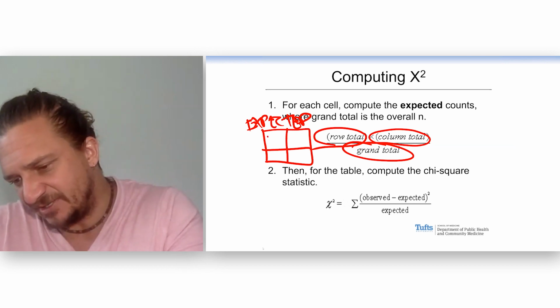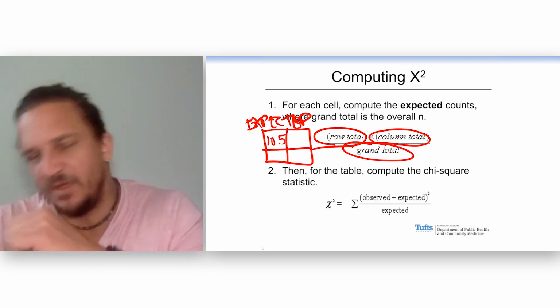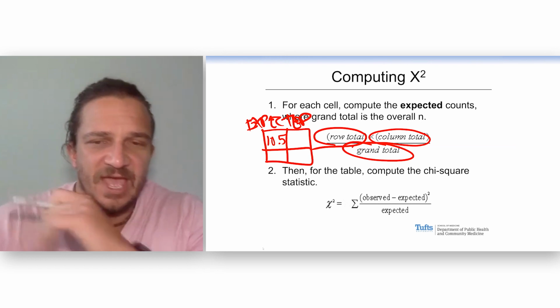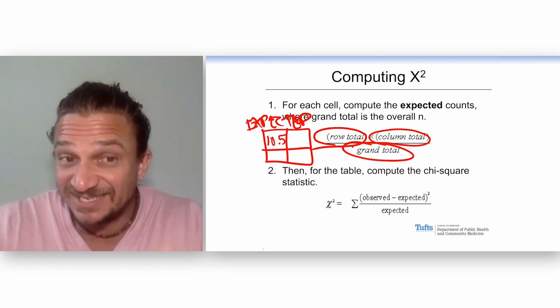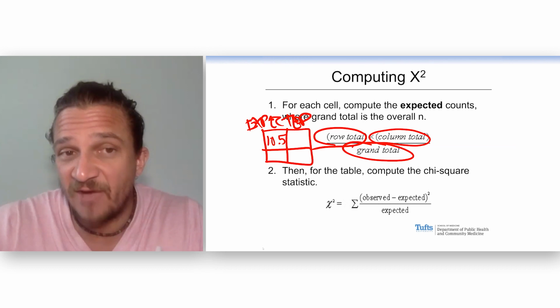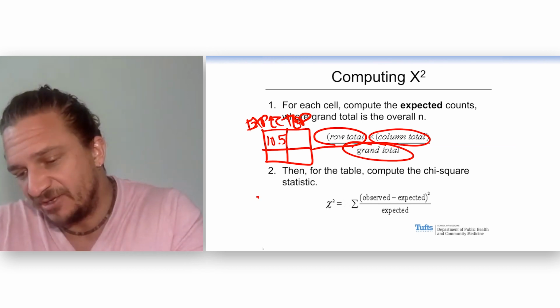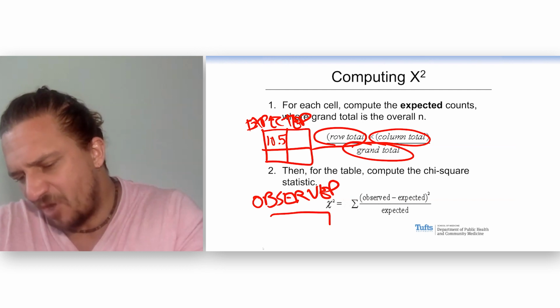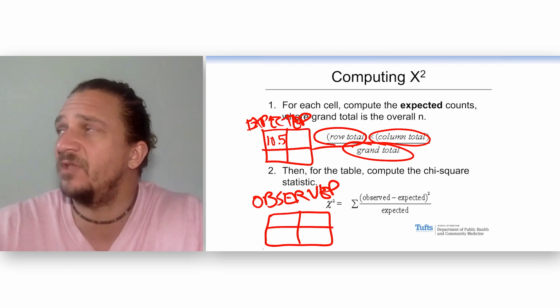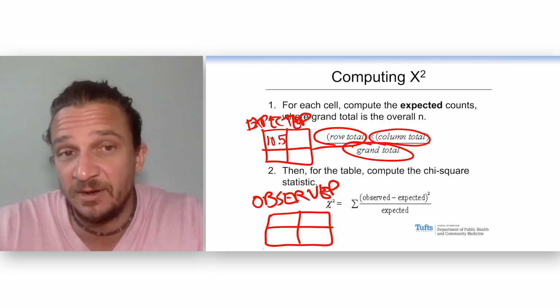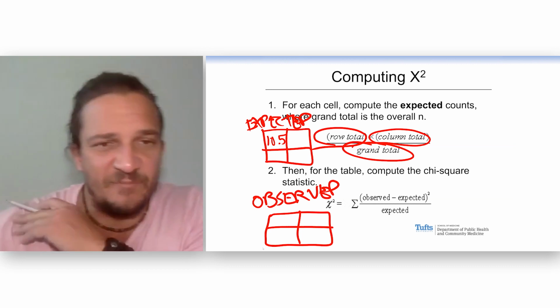Let's say in this cell you get an expected count of 10 and a half. Then for that cell, you calculate what you actually saw, the observed. Students often get confused about the difference between expected and observed. I'm not sure where that stems from, but observed is just what I got. I would expect to see 10 and a half people in this cell.